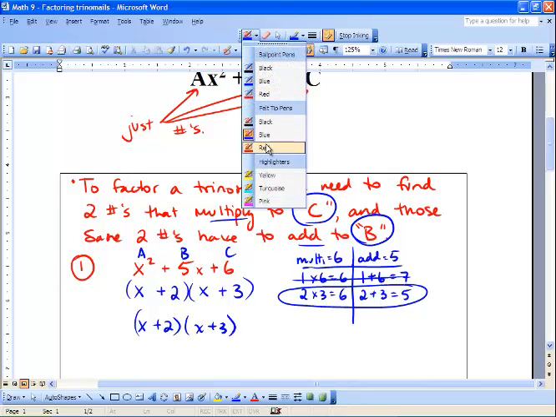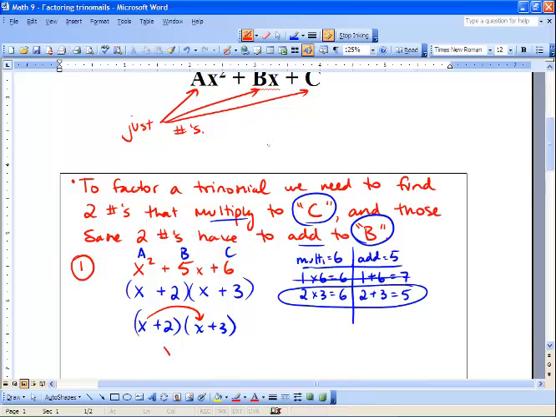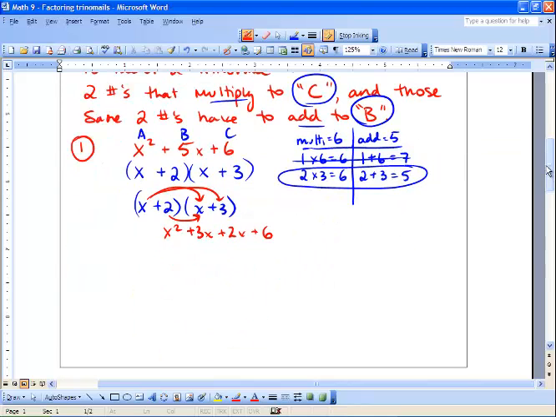We get x squared plus 3x plus 2x plus 6. Then we can combine our like terms, and we get x squared plus 5x plus 6. Very cool. All right, let's try one more.